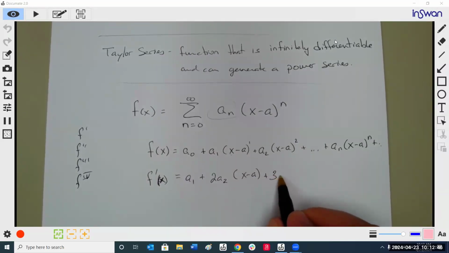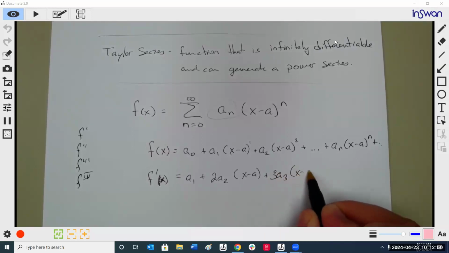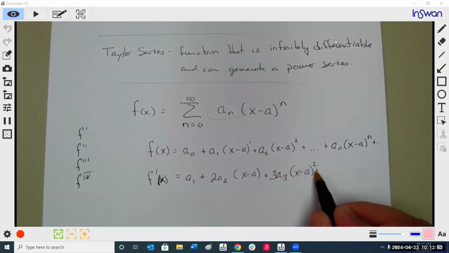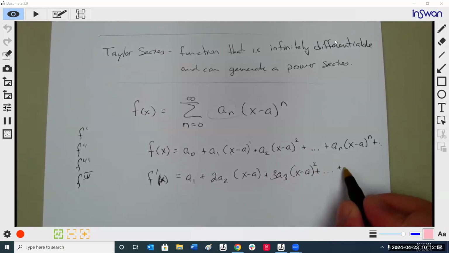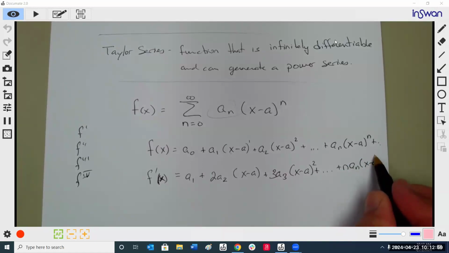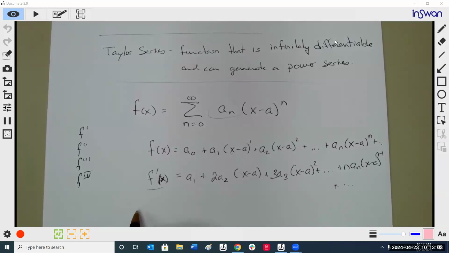The power 3 comes down, so 3a3 times x minus a to the power 2, then n a n times x minus a to the power n minus 1, and so on. That's the first derivative.